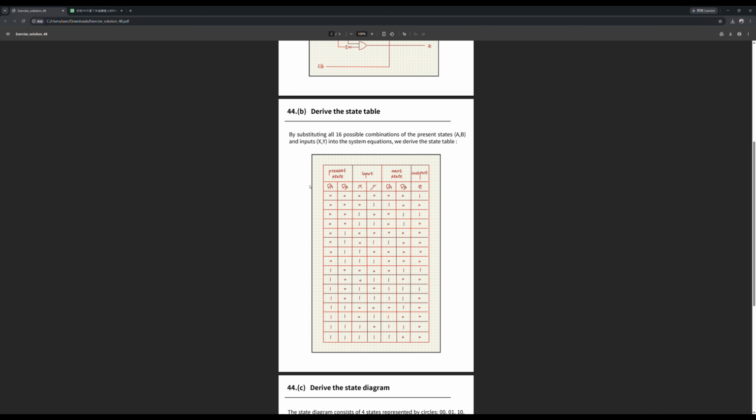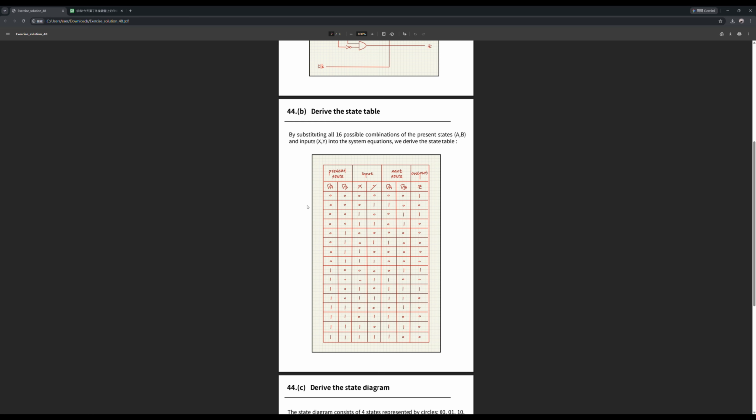Therefore, for each combination of A, B, X, and Y, we substitute the values into the equations and calculate the next state and output.